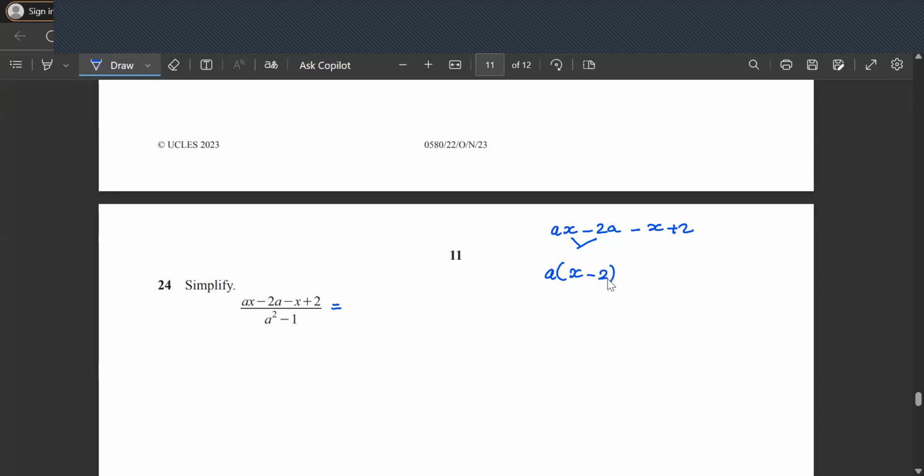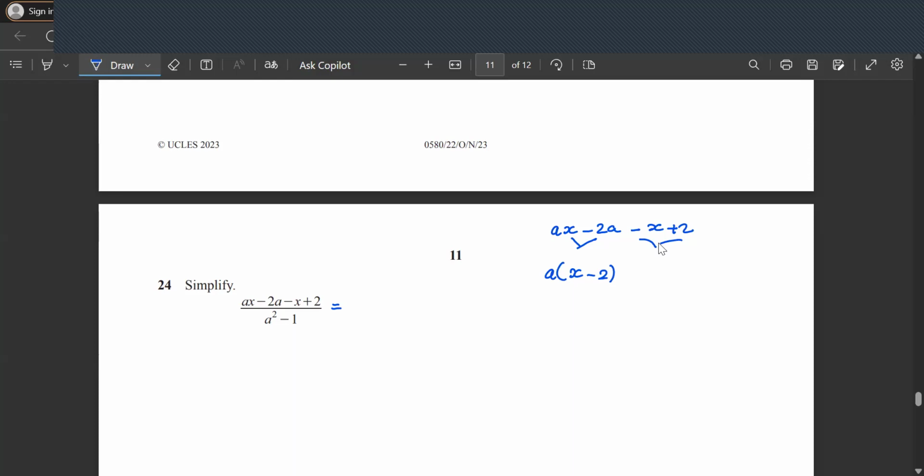Okay, done. Now, for this part, negative x plus 2, what is the common factor between them? 1. Look, whenever you have a negative, the first and the third term should have the same sign.